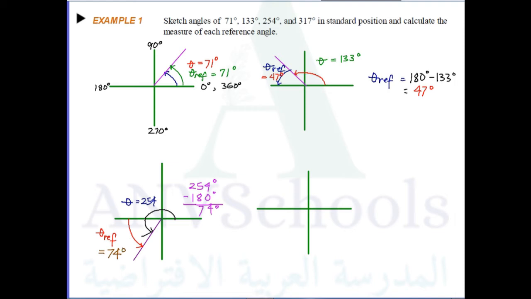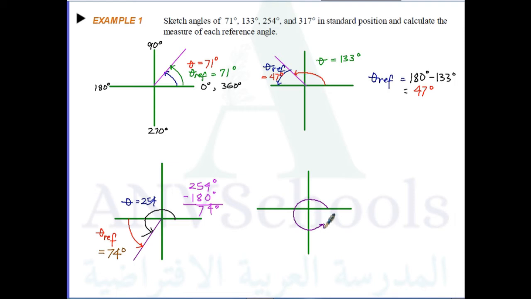How about the next angle? Our next angle is 317 degrees. So 317 degrees, of course, is in between 270 degrees and 360 degrees. So getting the angle would be somewhat like this, right?